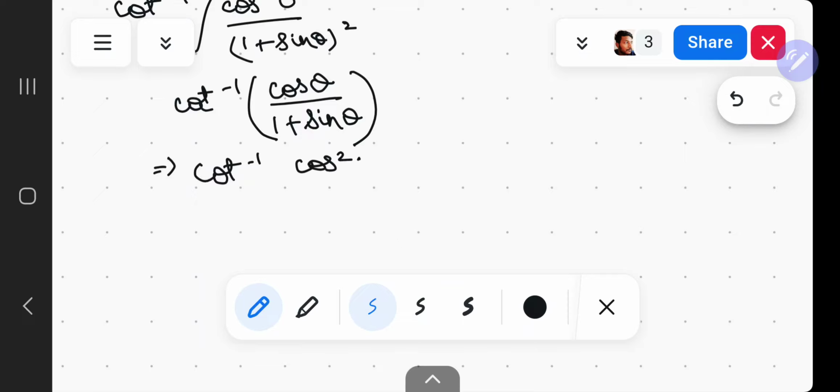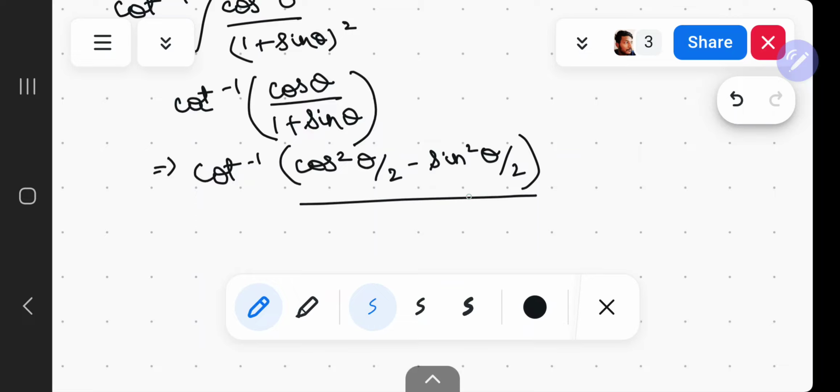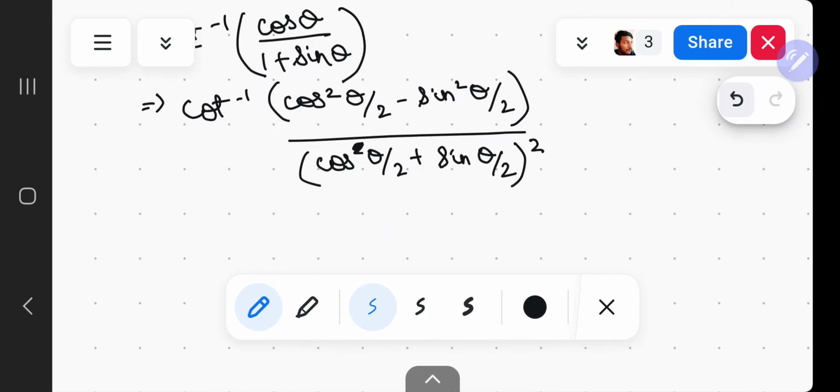So that will be cos square theta over 2 minus sine square theta over 2, divided by cos square theta over 2 plus sine theta over 2 whole square. We have already solved this in the previous problem.